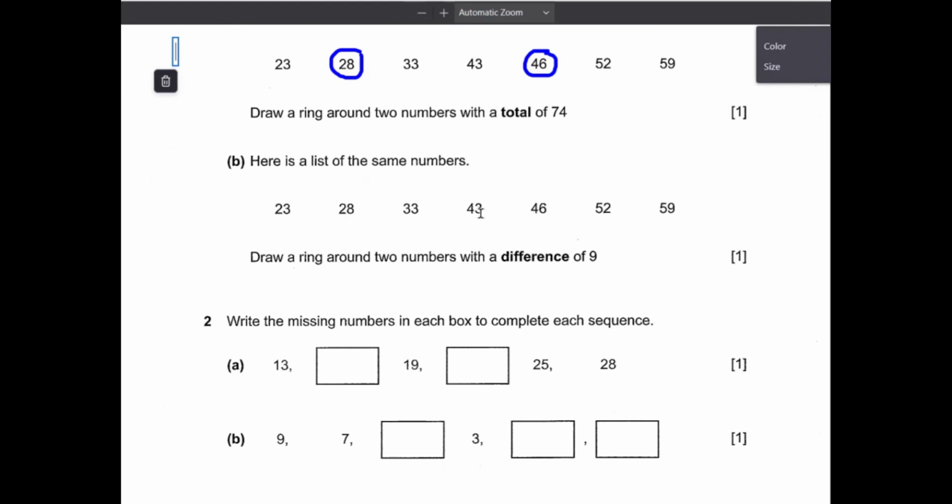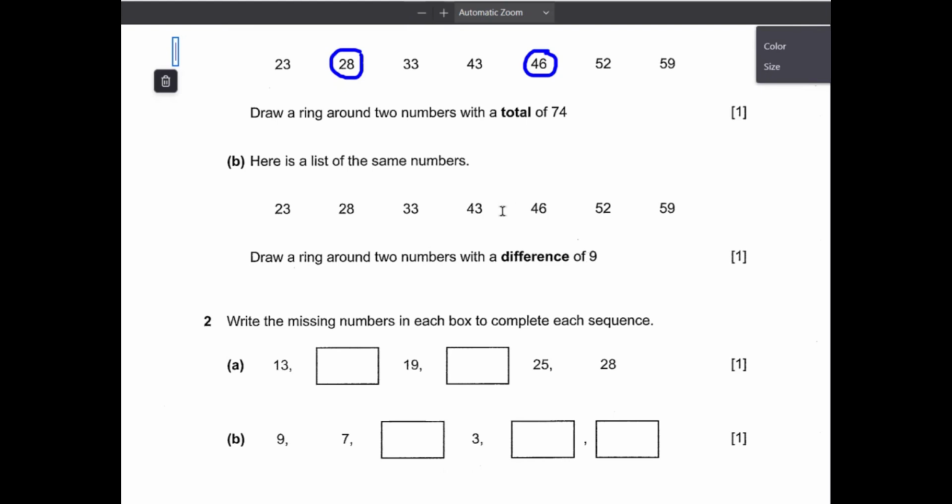Before even checking 23 with each one of them, the tens are 2 here and 4 there, so it will for sure be more than 9. Because the difference is just one digit, the difference between the numbers could be only one ten, or they are in the same tens.